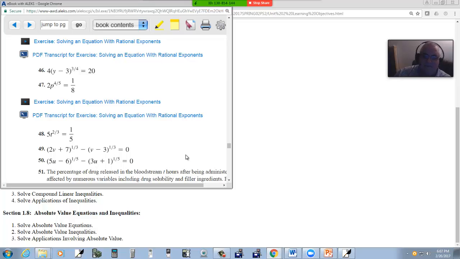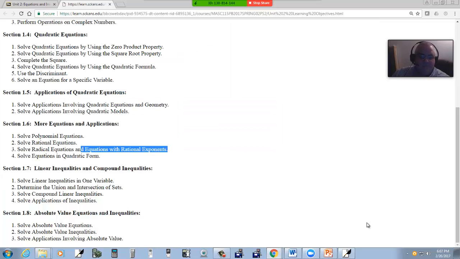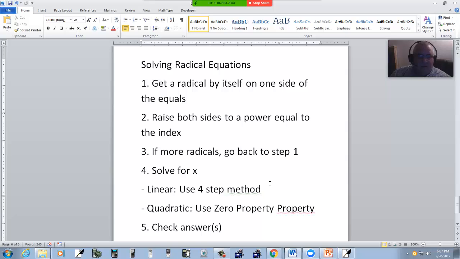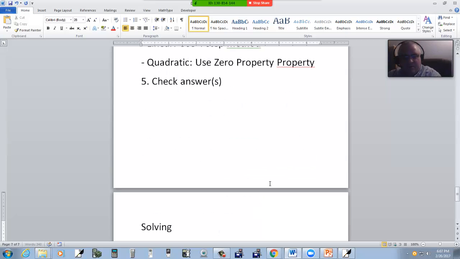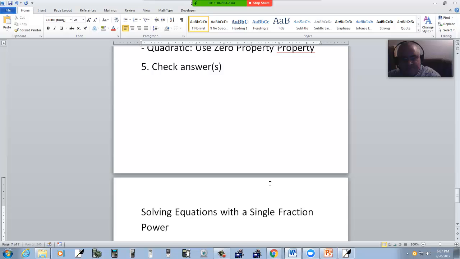So let's talk about those. Solving equations with a single fractional power. Now, a fractional power is called a rational exponent.